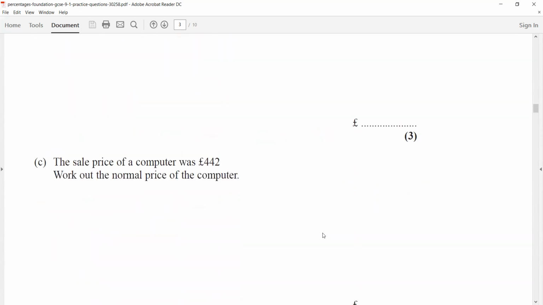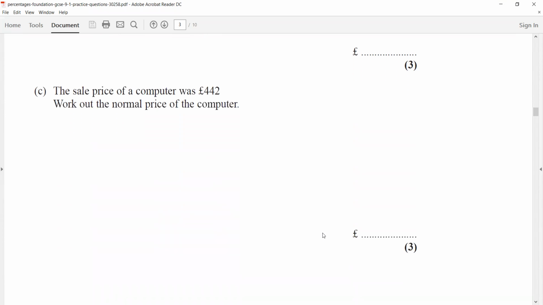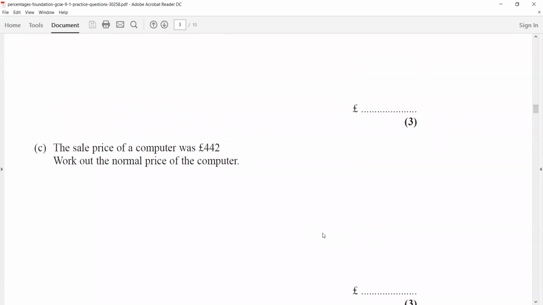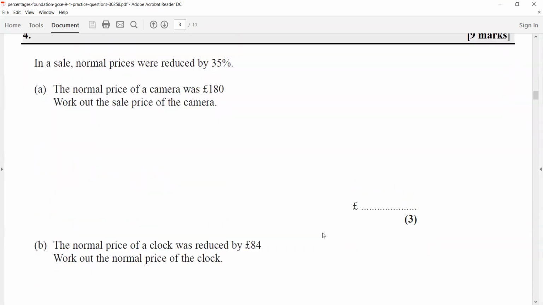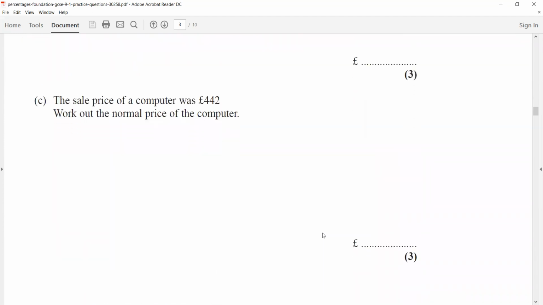Right. The sale price of a computer was £442. Okay, so again, this is a reverse percentage. So let me just see, literally just done it, 35%, wasn't it? So same shop, same sale, 35%.